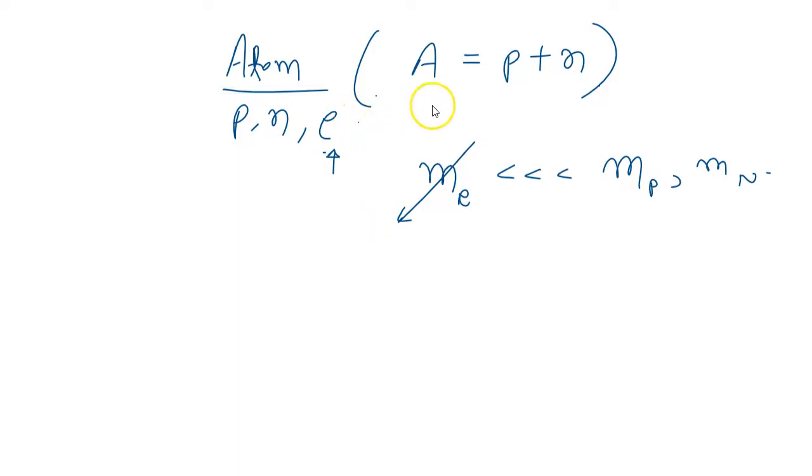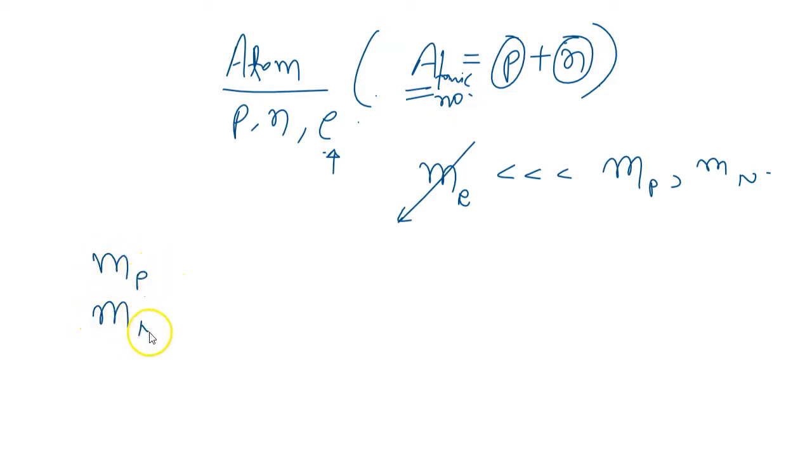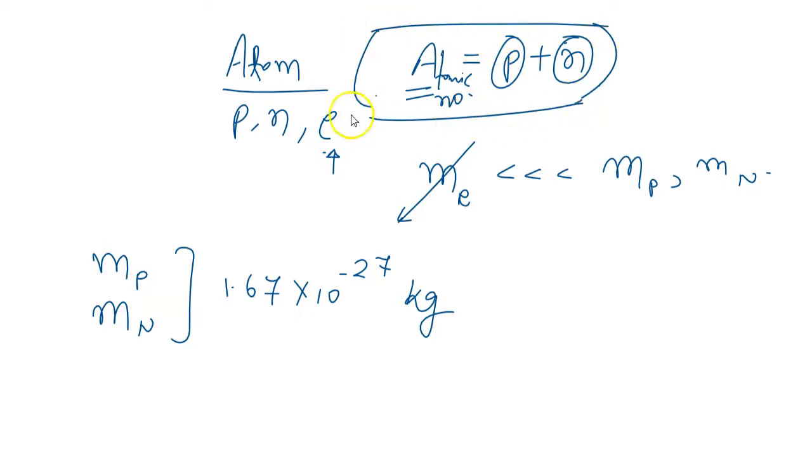As of now, you can see we are talking about atomic mass as the number of protons and number of neutrons. In the higher classes we see the mass of a proton and mass of a neutron is almost 1.67 × 10^-27 kg, right? So this is a different thing from what we are using in our lower classes, that is the atomic number.